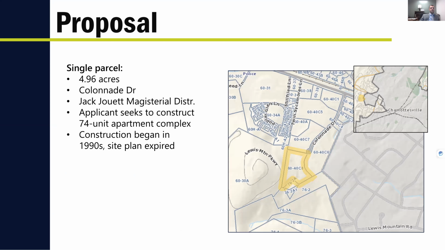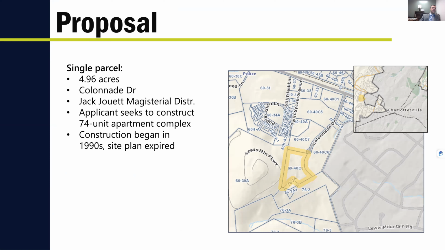So here's our particular application. The subject property is just under 5 acres in size. Location is just west of the town of Charlottesville. You can see the gray area is the town boundary. The property is located just at the end of Colonnade Drive off of Ivy Road. The intersection just to the north there is Colonnade and Ivy.